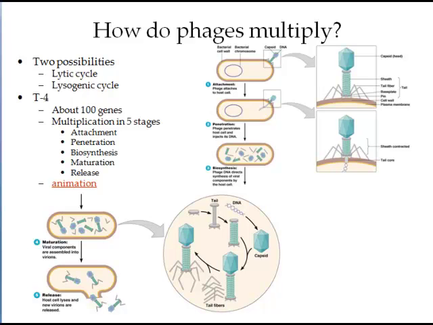The lytic cycle ends with the lysis and the death of the host cell, which means the cell bursts, whereas the host cells remain alive in the lysogenic cycle.